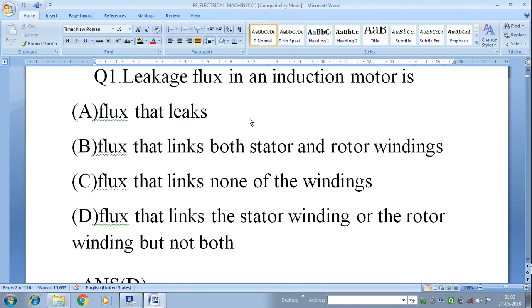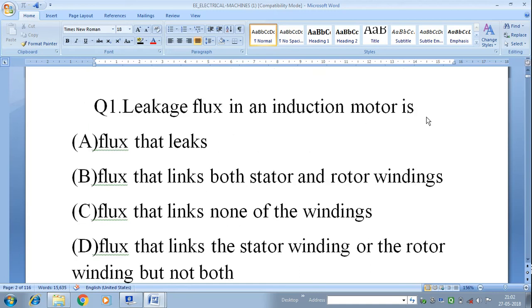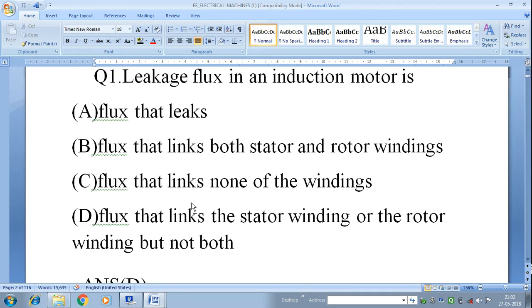There are two types of flux developed in an induction motor. One is called useful flux, another is called leakage flux. Useful flux means the flux that links both rotor and stator winding, but leakage flux means the flux that develops in either the stator or rotor winding, but is not linked with both windings.